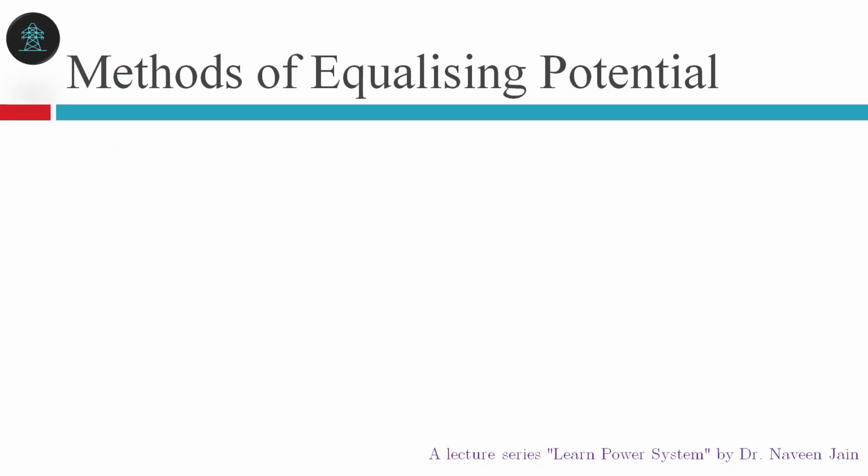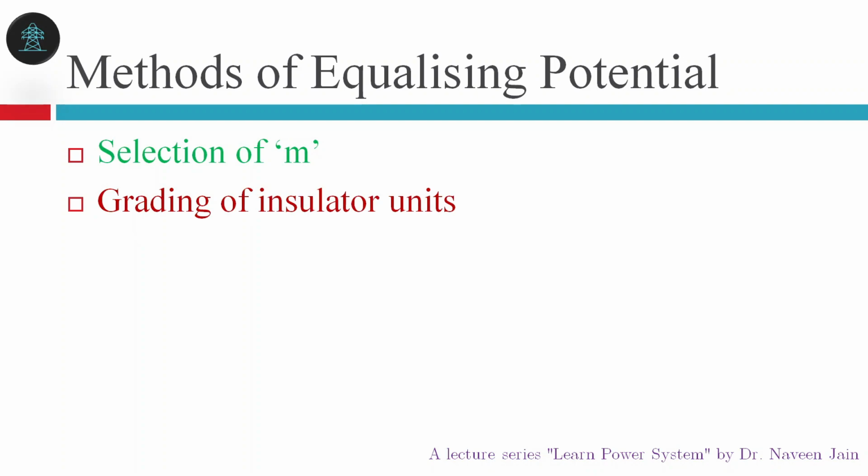Methods of equalizing the potential across disc insulators: the first method is selection of M, the second method is grading of insulator units, and the third method is guard ring or shielding of conductors.